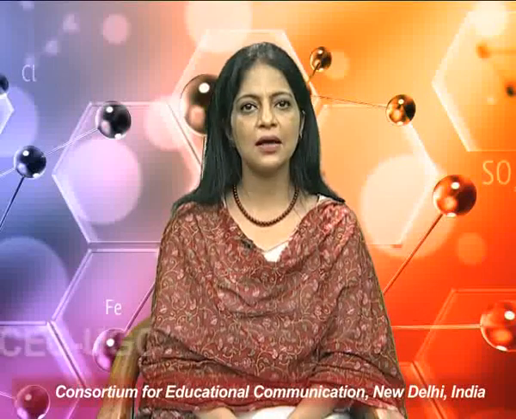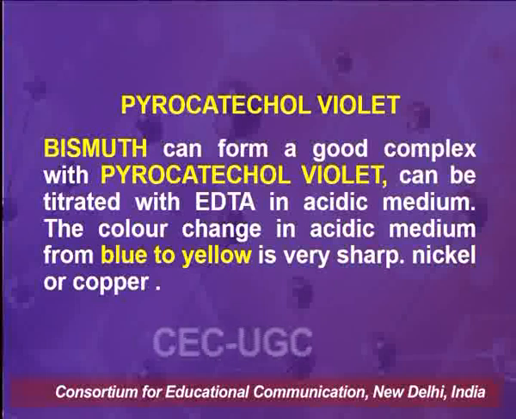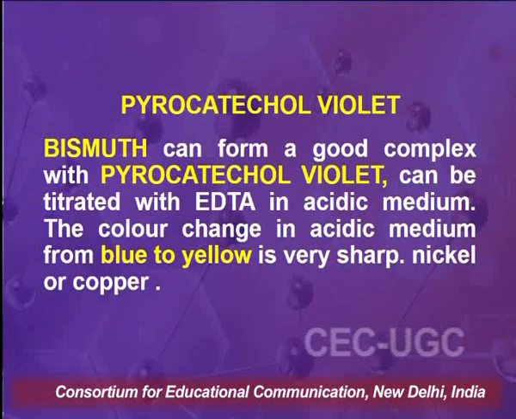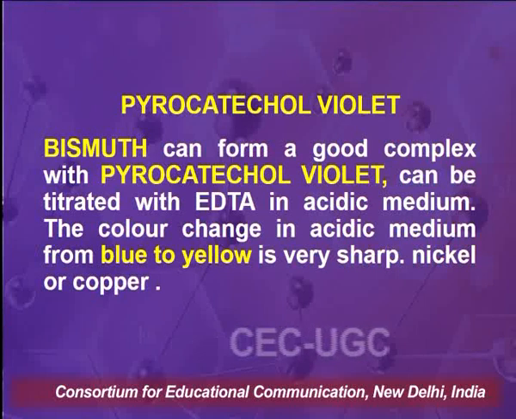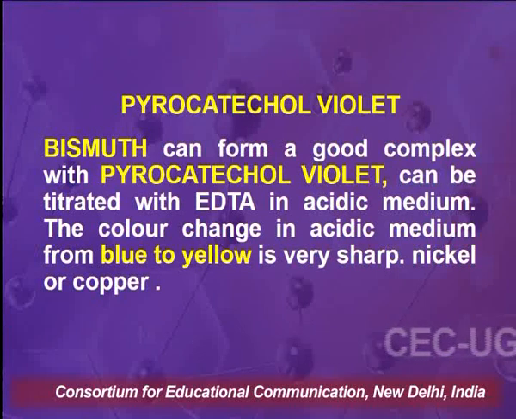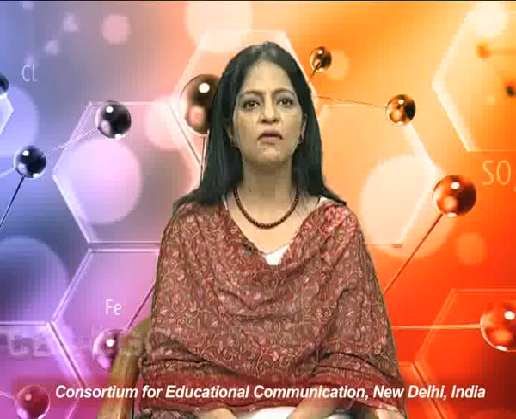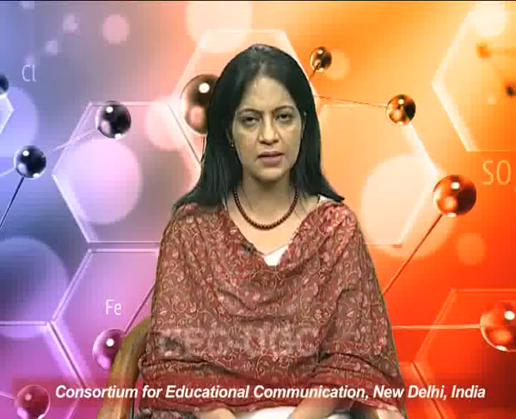Bismuth is a metal ion which can form a very good complex with pyrocatechol violet and can be titrated with EDTA in acidic medium. The color change in acidic medium from blue to yellow is very sharp. Nickel or copper can also be estimated by pyrocatechol violet as the indicator.